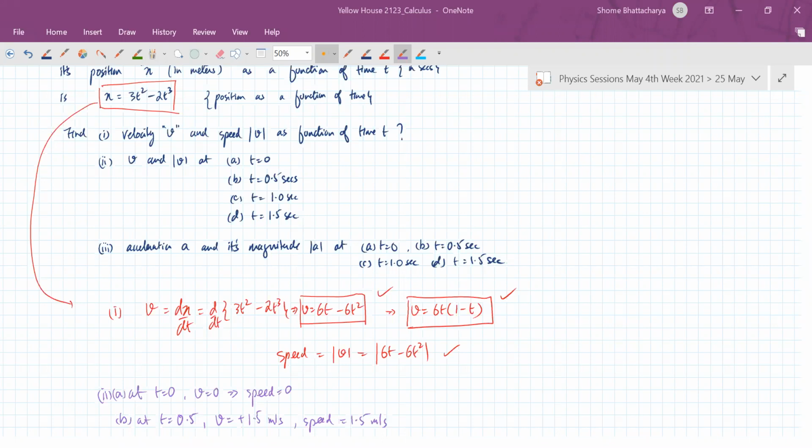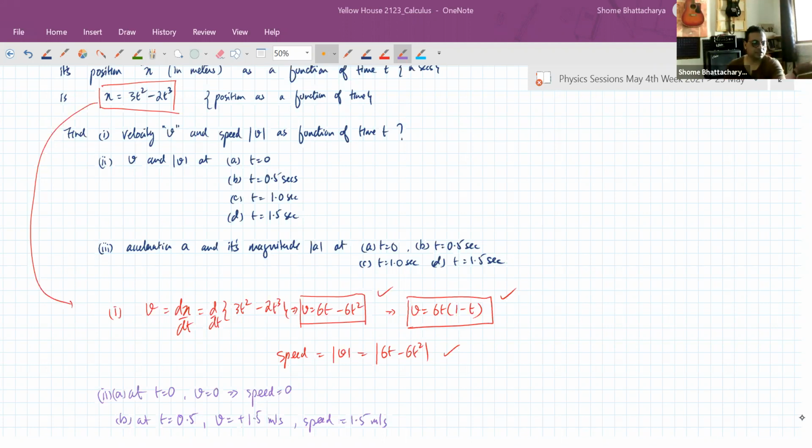So that's the difference between speed and velocity. As far as motion along a straight line is concerned, velocity has an algebraic sign plus or minus depending on the direction. Speed does not have direction, it's just a magnitude. So that becomes the important difference between speed and velocity.